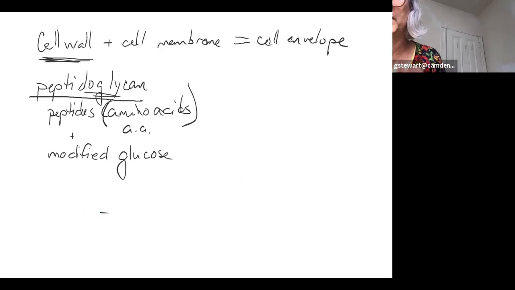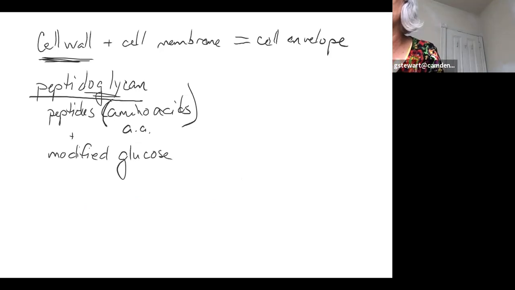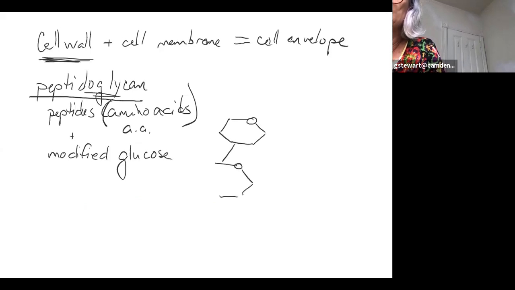And just because, again, we need to know the structure of peptidoglycan. So how this peptidoglycan gets assembled in bacterial cells, since these are glucose molecules, I'm going to roughly draw them like this. Right? They're modified glucose molecules. I didn't say they were going to be great glucose molecules.